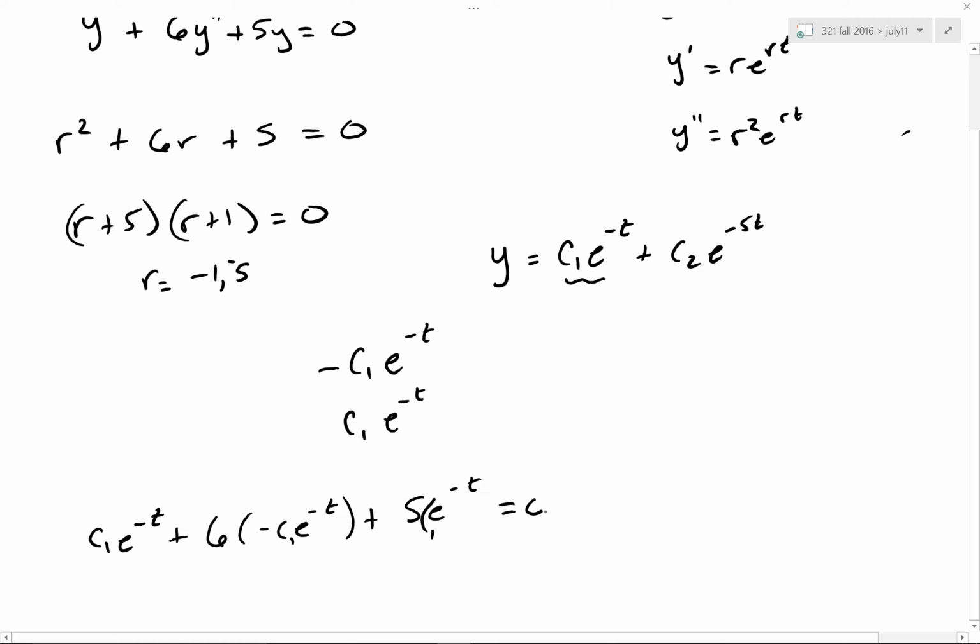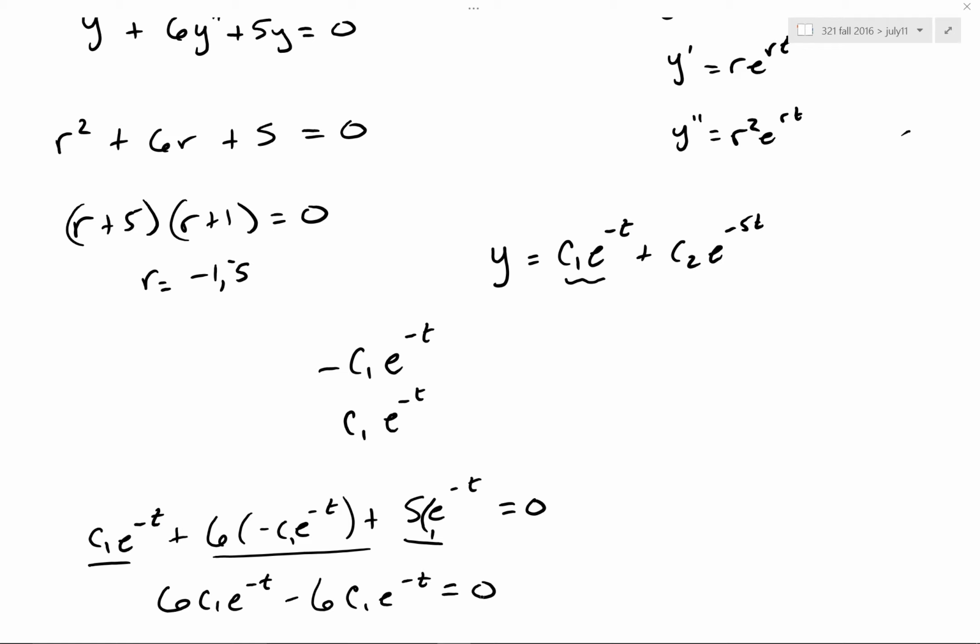And what happens? Well, you get 5 plus 1 is 6. And then this, of course, becomes minus 6. And lo and behold, it equals 0. In other words, that is a solution in and of itself. This guy here works by itself. This guy here will also work by itself. And they also work together. And they can work together because they are linearly independent.